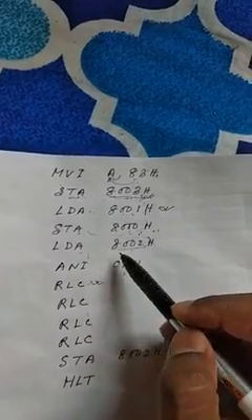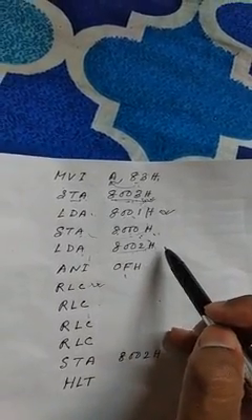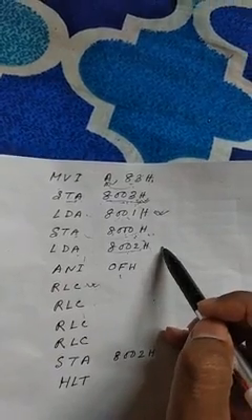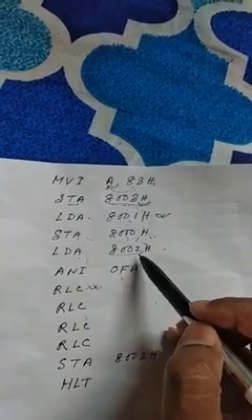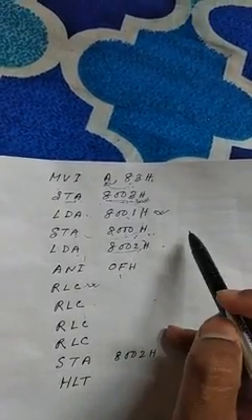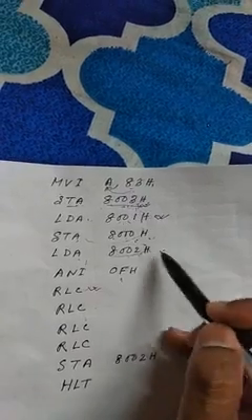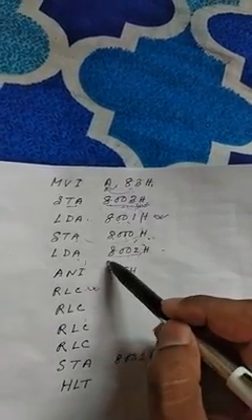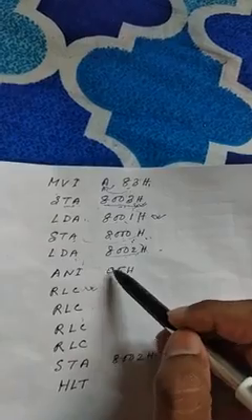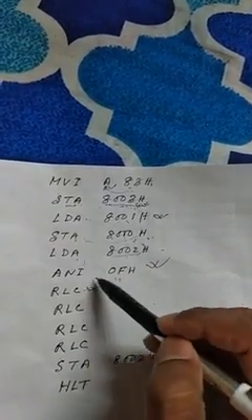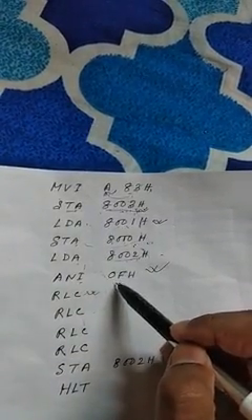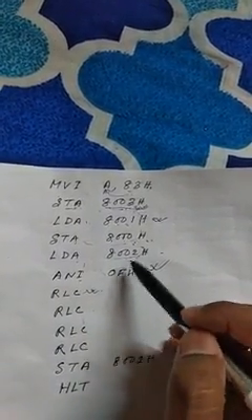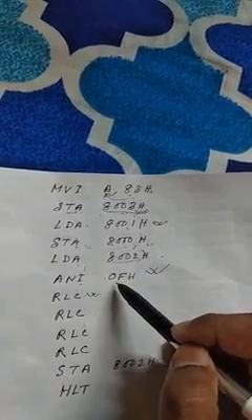At the same time, we will try to find out the data in port C lower. That's why we will use LDA 8002H, and the lower nibble data will be stored into A, and we will try to mask it. So we will use the ANI AND operation to mask the lower nibble, and we will use 0F.